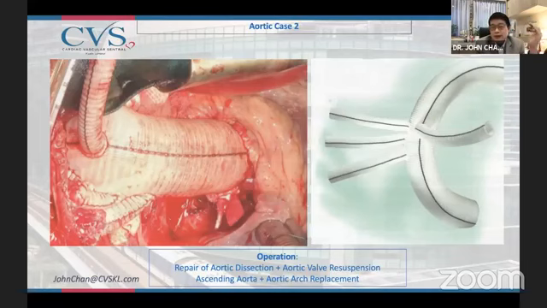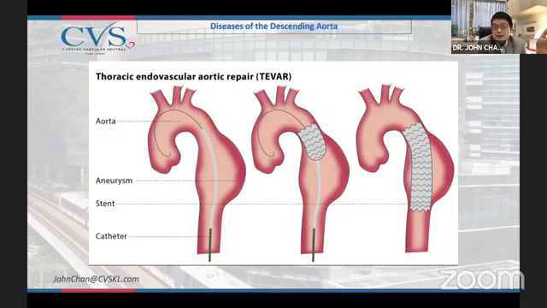Now, if we do have problems with the tear or the dissection in the descending thoracic aorta, usually this will be many years later, then we have the option of treating this. And in most cases, this will no longer be by open surgery. Nowadays, we would do endovascular surgery to treat a condition in the lower part of the aorta, the descending thoracic aorta.